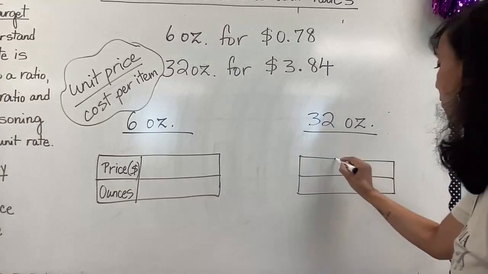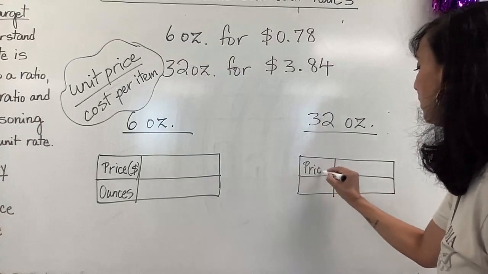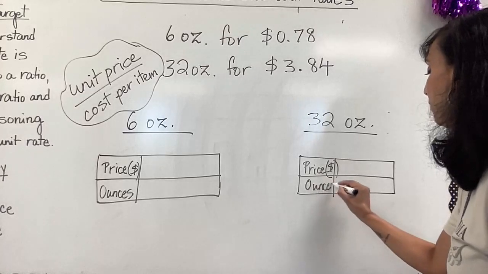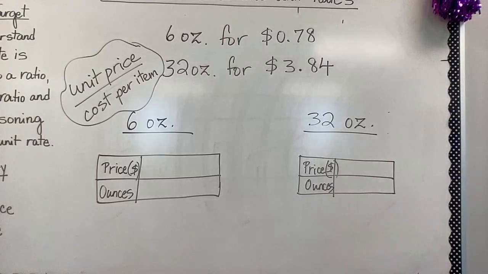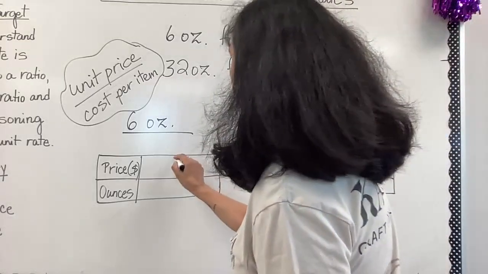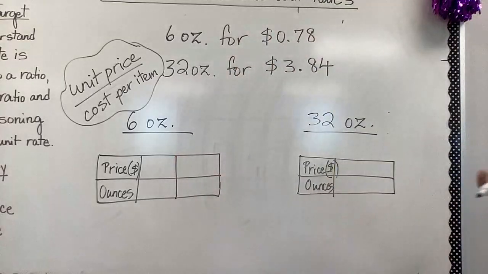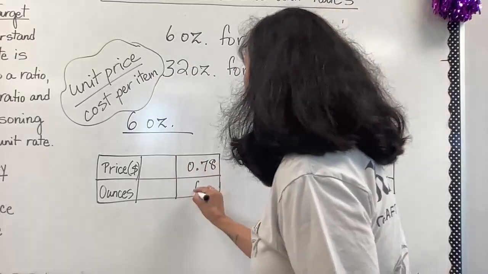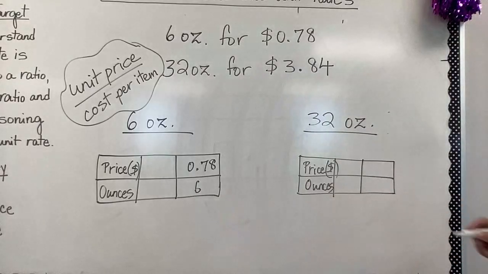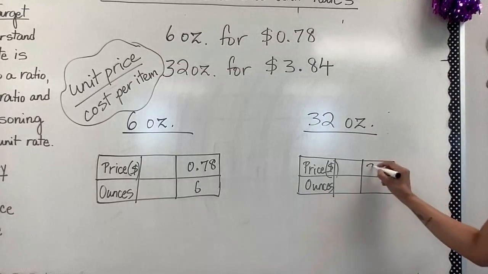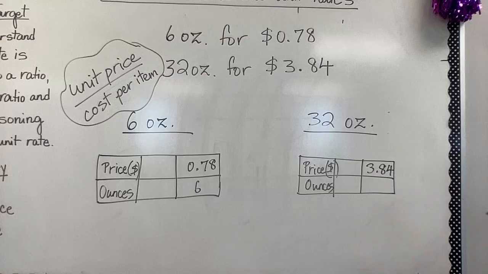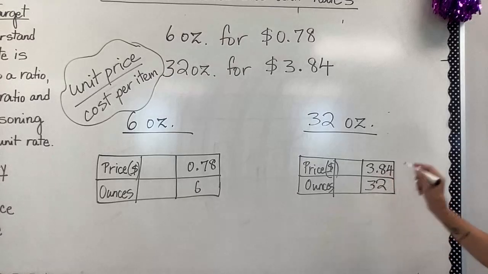So now we can see that we have 78 cents for 6 ounces. On this one, we have $3.84 for 32 ounces.